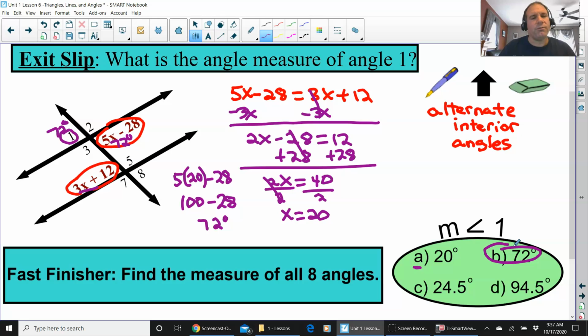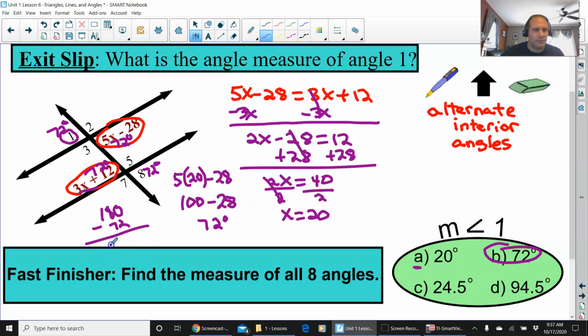Fast finisher, find the measure of all the angles. Alternate interior, this is 72 as well. These are vertical, so this is 72. Angle 8: you do 180 minus 72, which is 108. 108, 108.